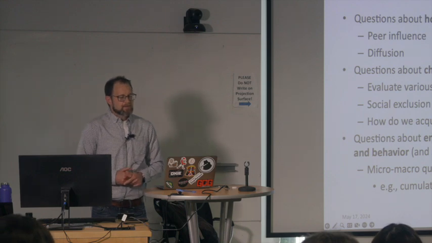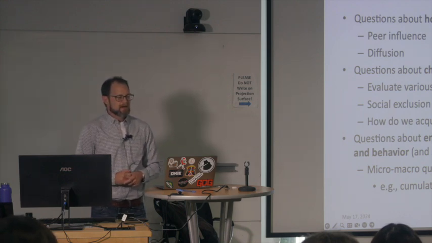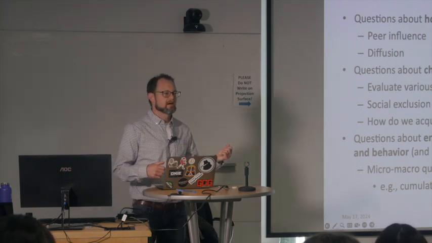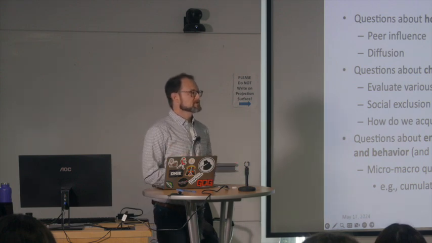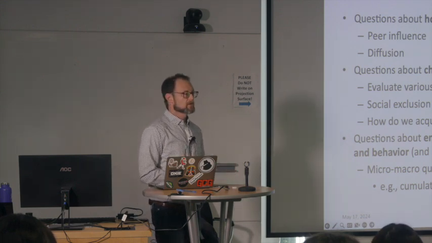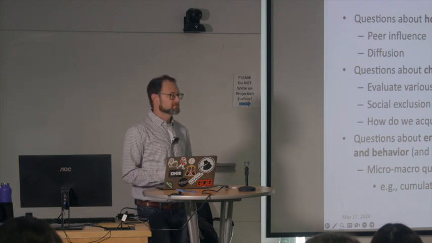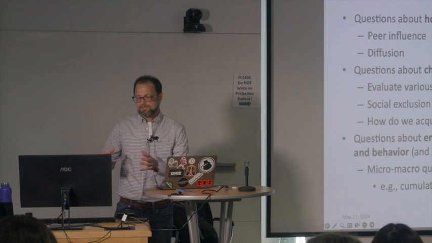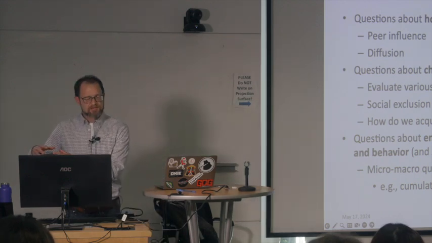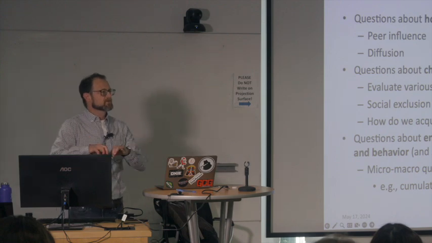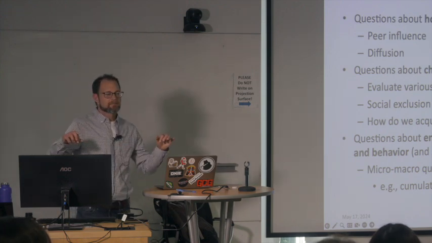You might also be interested in questions about how networks and behavior change, and how that accumulates into macro-level prevalence levels, or thinking about questions like cumulative disadvantage. So if we have behaviors clustered within groups, we might see those groups diverging or polarizing over time.